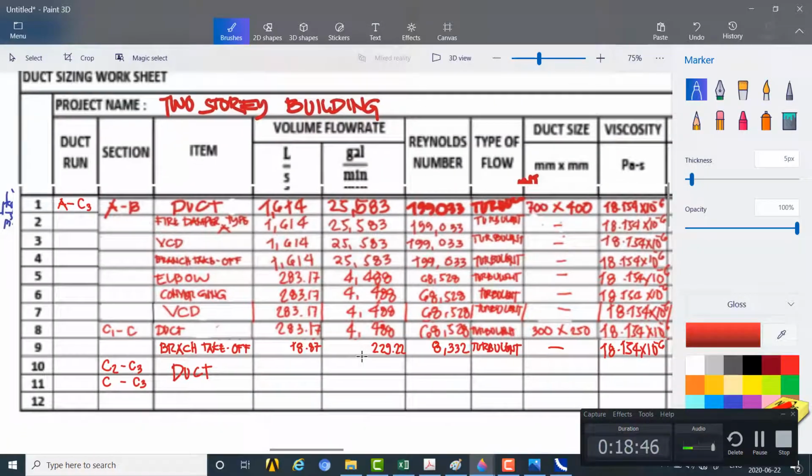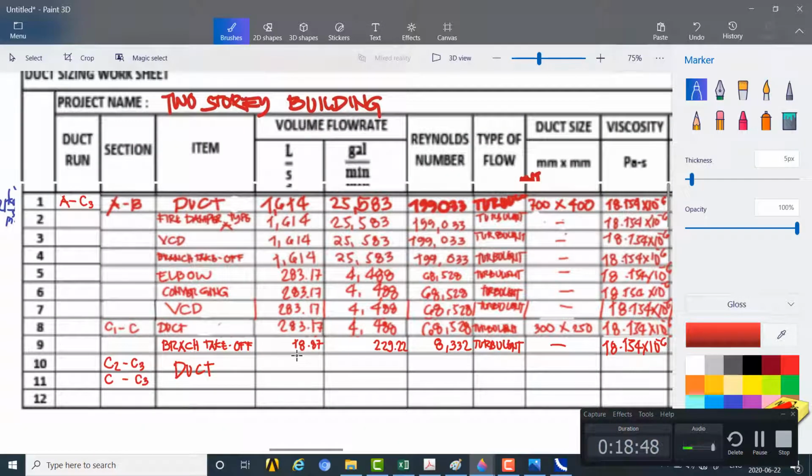Then we have your volume flow rate, which is also 18.87, the same as above. And this is 229.22. Then you have your Reynolds number, which is 8,332, and this is a turbulent flow.